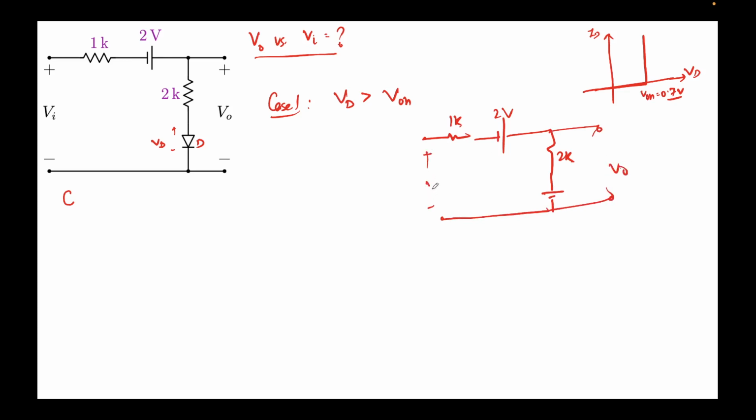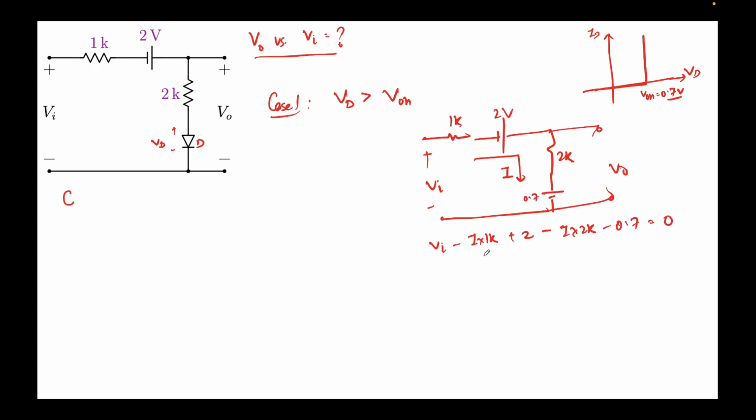Here we are applying a V in, and I'll assume the current I is flowing through this circuit. If I write the KVL for this, it will be Vi minus I times 1K plus 2, because it's a negative polarity that we are encountering, minus I times 2K, and then minus 0.7, the same V on, equal to 0.